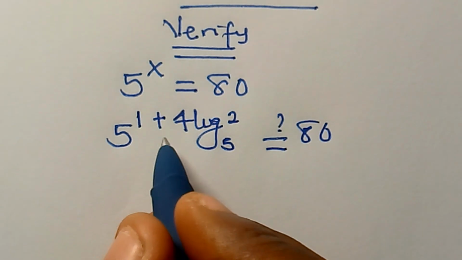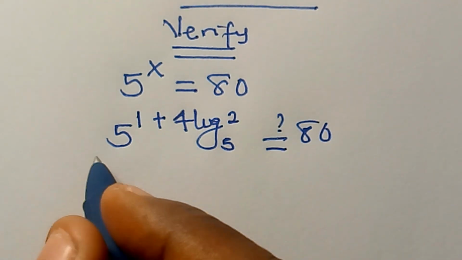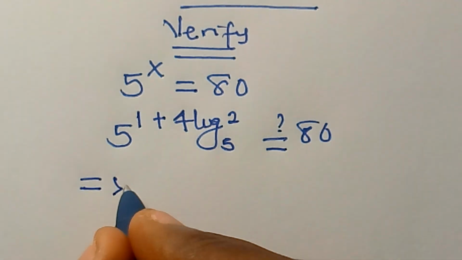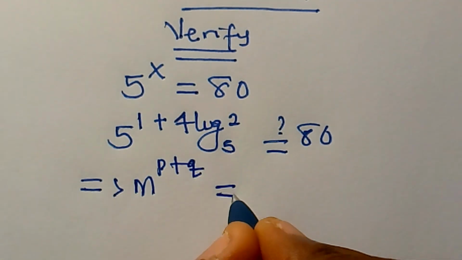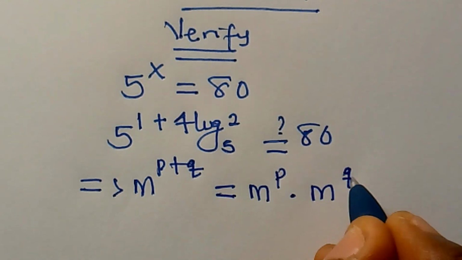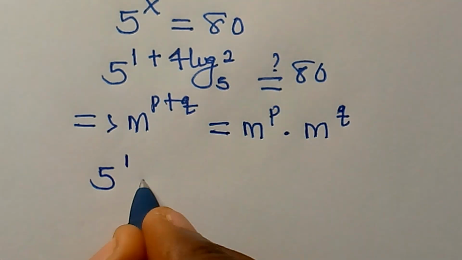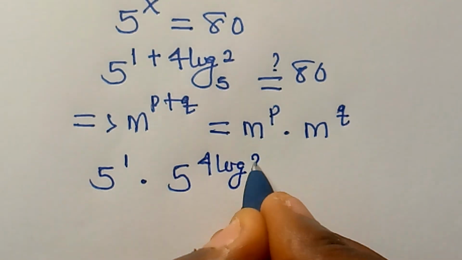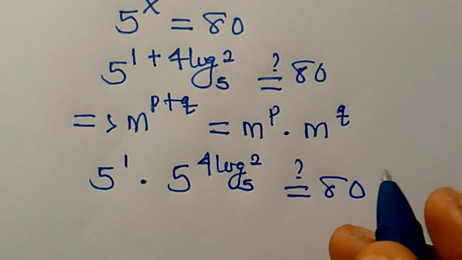From the law of indices, if you have m raised to the power p plus q, this equals m raised to the power p times m raised to the power q. So this becomes 5 raised to the power 1 times 5 raised to the power 4 log 2 in base 5. Is this equal to 80?